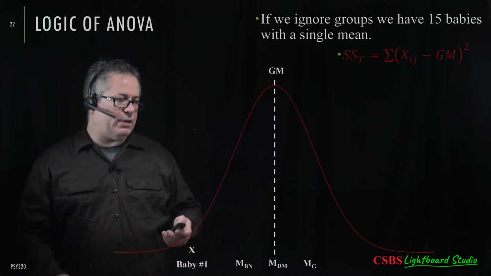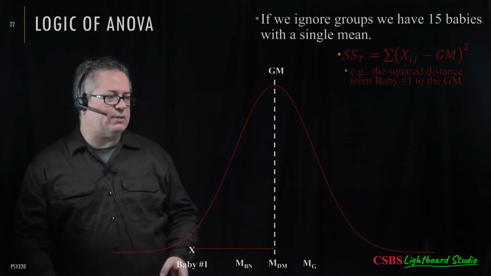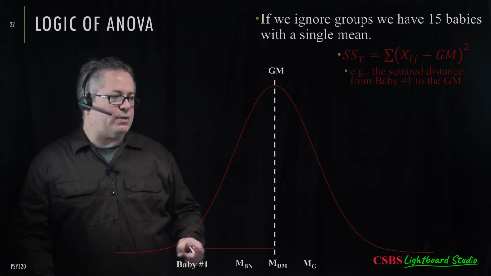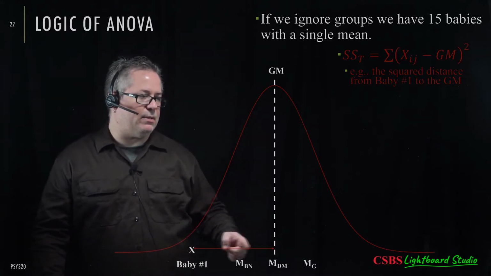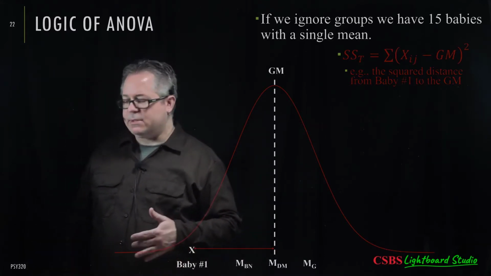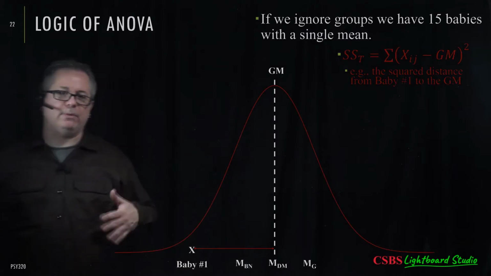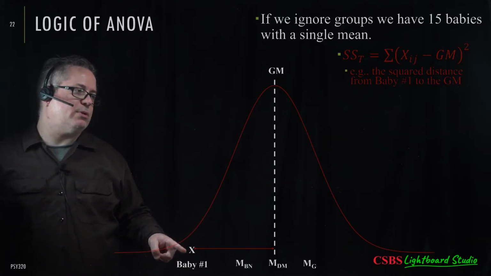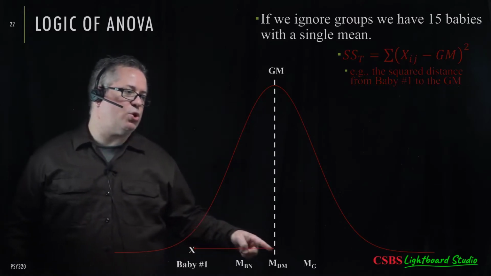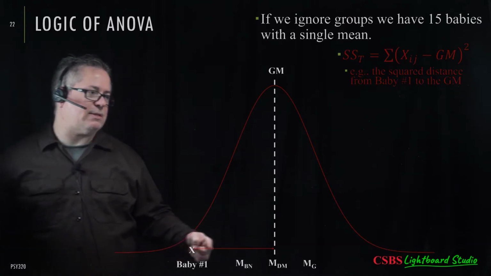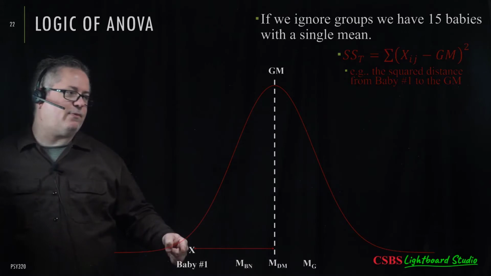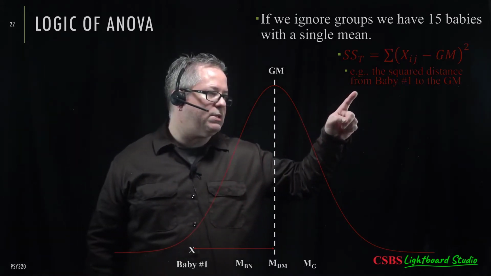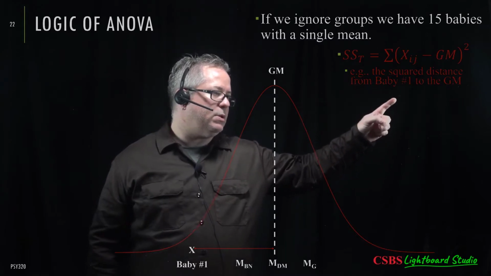If I think about the distance from baby 1's score, this X here, to that grand mean, this is the amount of variability that baby number 1 contributes to the total variance. So that's the square distance from baby number 1 to the grand mean.